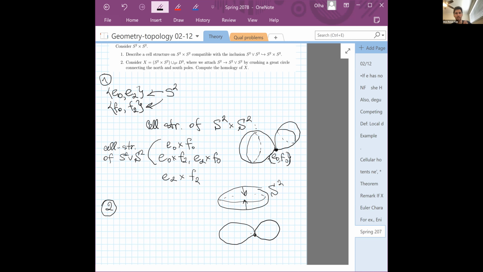Does that make sense? Because we have that inclusion, we were able to glue that way. So the boundary of D3, we're gluing to the product by crushing that great circle and then attaching it to that inclusion for the wedge sum. It's probably hard to visualize. Yeah, I can't visualize that at all.